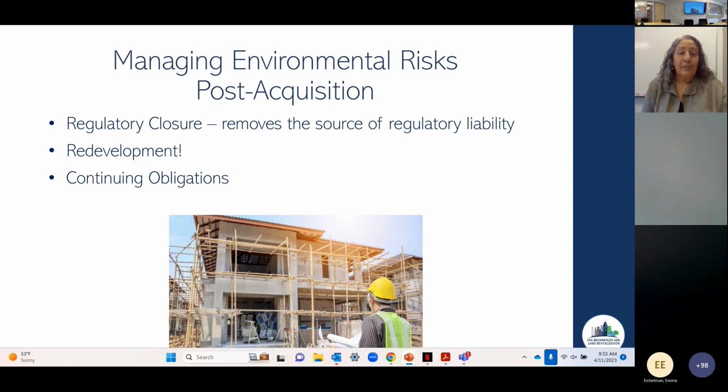The other big thing that we have found in managing risk post-acquisition is actual redevelopment. You would be amazed how short people's memories are. One of the very first big brownfield projects I did back in the early 90s was acquisition of a refinery and bulk storage terminal north of San Francisco.